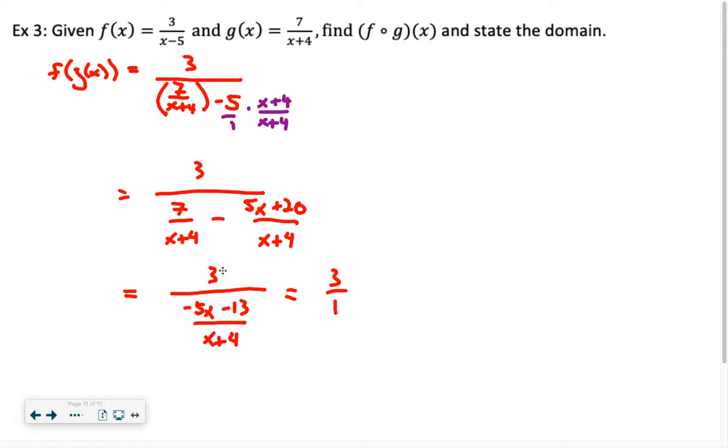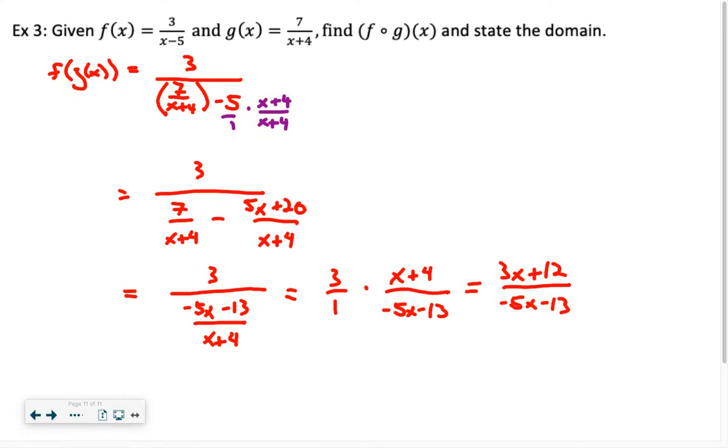Well, we can really think about that as 3 over 1 times the reciprocal here. So times (x + 4) over (−5x − 13). And then when we're multiplying, we multiply straight across. So this would be (3x + 12) over (−5x − 13).